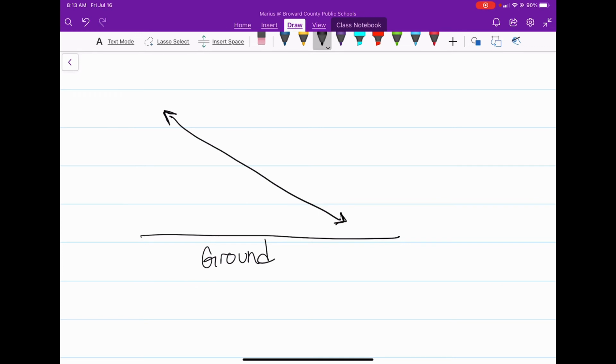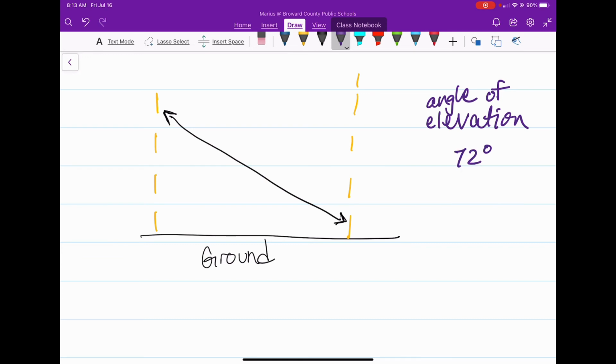Now, if we have some makeshift walls here, for example, the angle of elevation, let's say, is 72 degrees. That goes here.